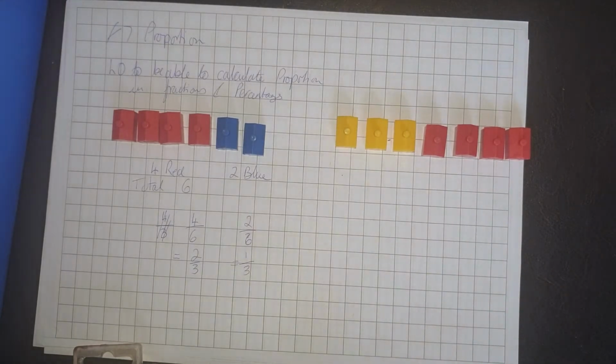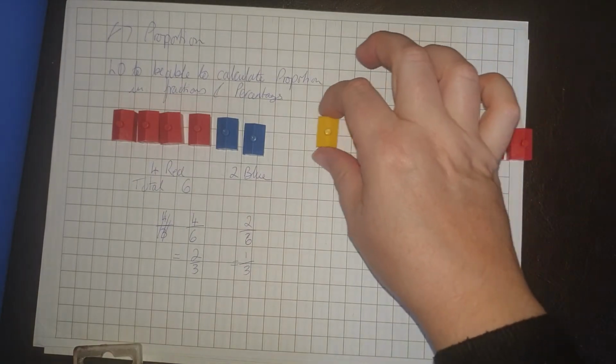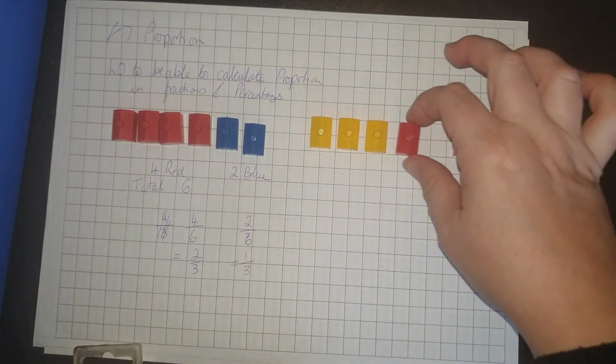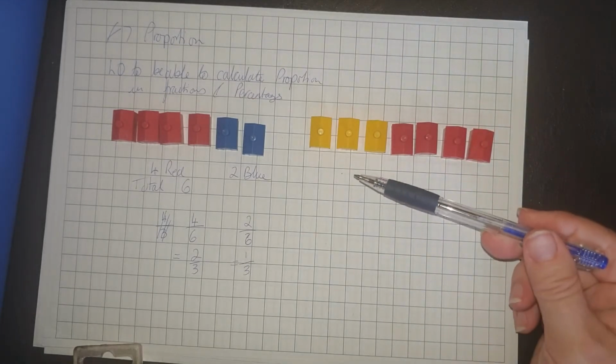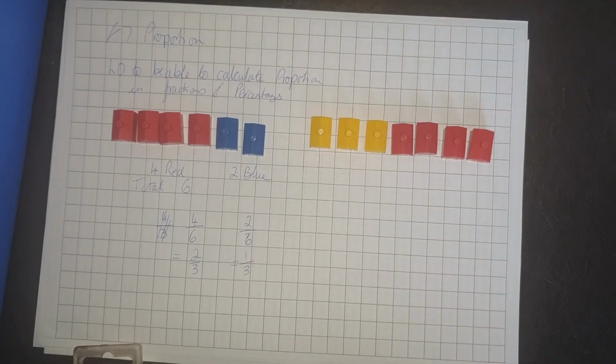Work out how many yellow houses you have, how many red houses you have. And then I want you to find the proportion of yellow and the proportion of red. Pause the video while you do this.